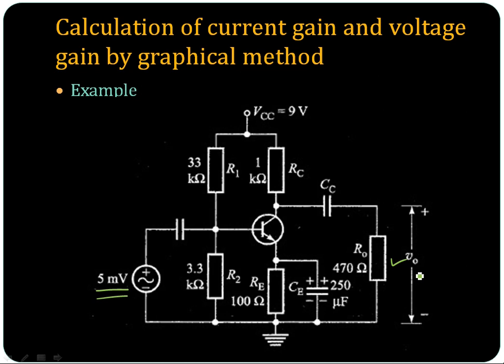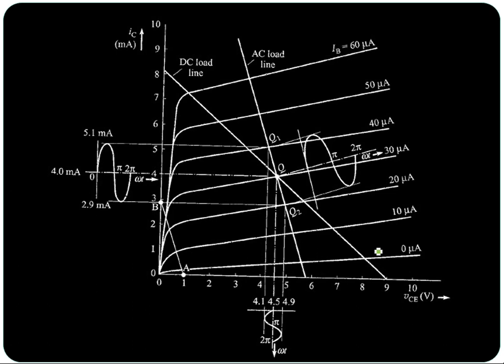For this circuit, if you have the output characteristics, that is the IC versus VCE curve, you can draw the DC load line using the equation for the DC load line which I have just shown. You find these points and connect them to form the DC load line. This point is VCC, 0, and this is 0, VCC by RDC.